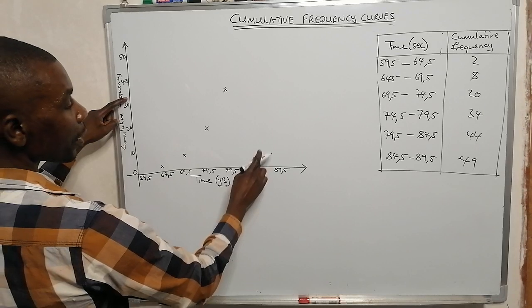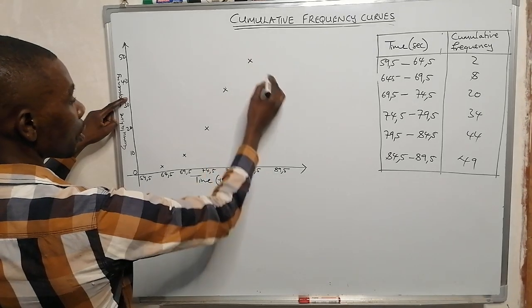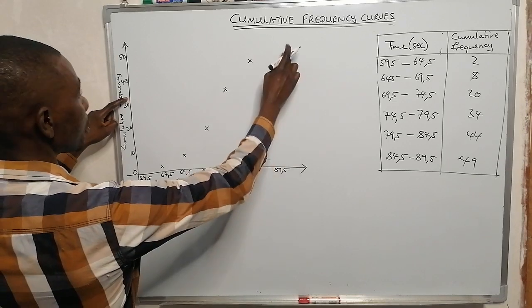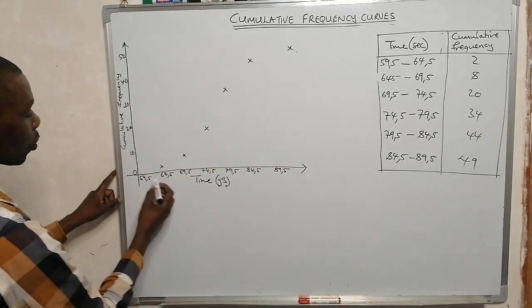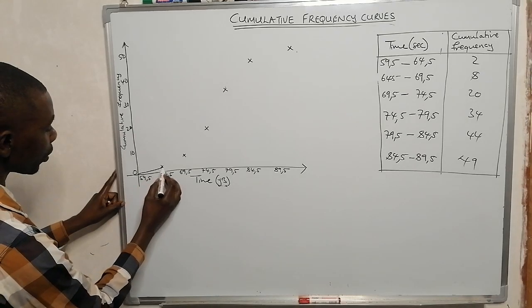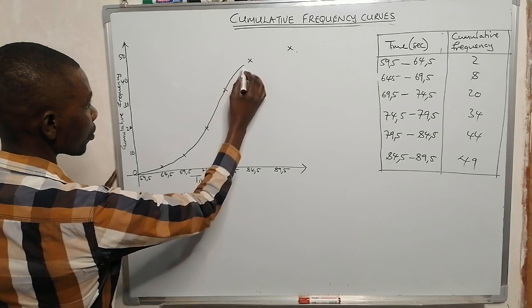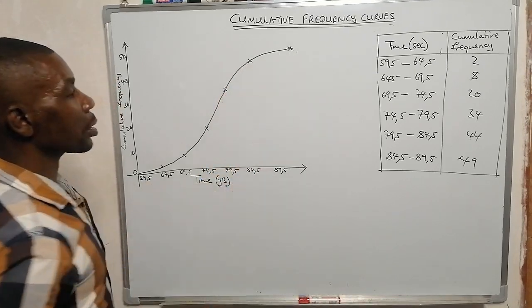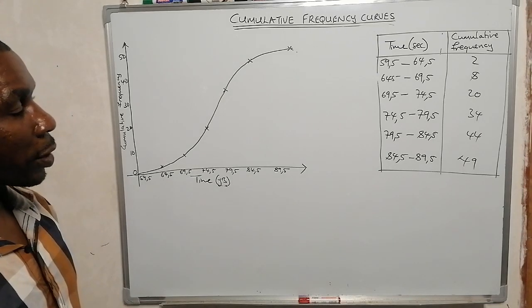Then 84.5, we are going 44. Then last one, 49. Right? So you construct your cumulative frequency curve using your free hand. Right, so this is how you construct your cumulative frequency curve from grouped data.